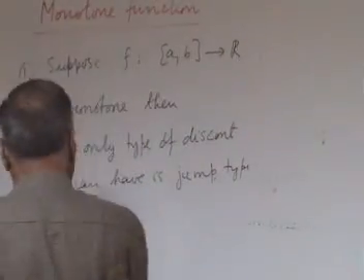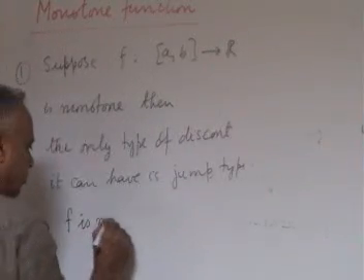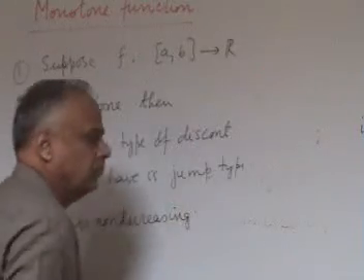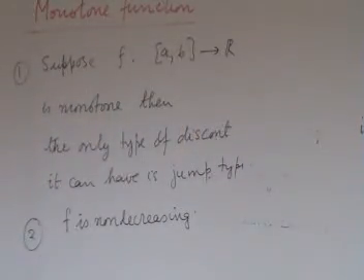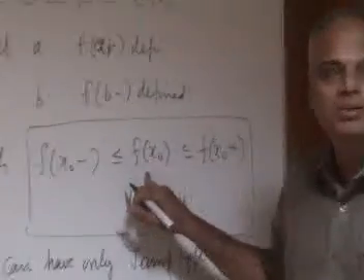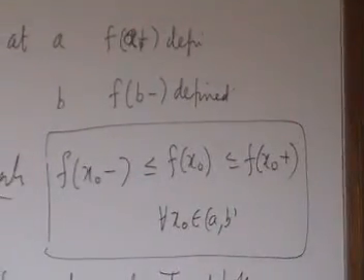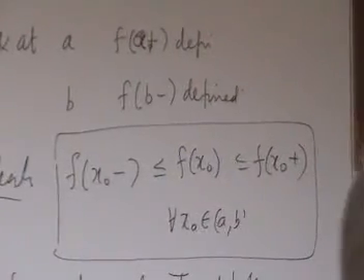Now again, suppose f is non-decreasing. One thing is very clear. If both f x naught minus and f x naught plus are equal, they will have to be equal to f x naught and force continuity. So therefore, for discontinuity, what should I have?